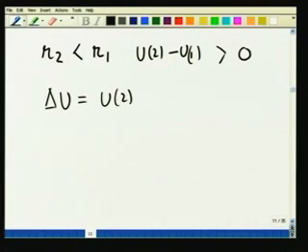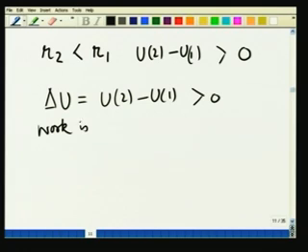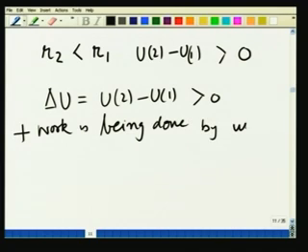So, when I am defining potential energy, if delta U, that is U2 minus U1, is greater than 0, then positive work is being done by us.